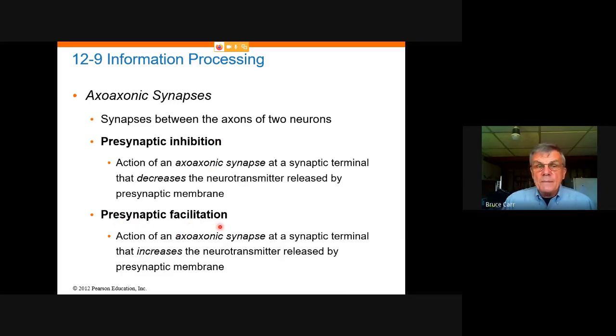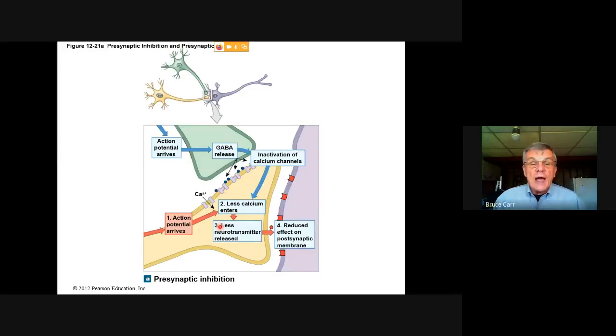Let's take a look at what we mean by that. Here's a main track from the tan to the purple cell, and a third neuron, which is a neuromodulator, one that's going to affect the transmission of impulses from tan to purple. In this first example, an action potential arrives and calcium gates pop open, but an action potential also arrives from the neuromodulator and releases GABA.